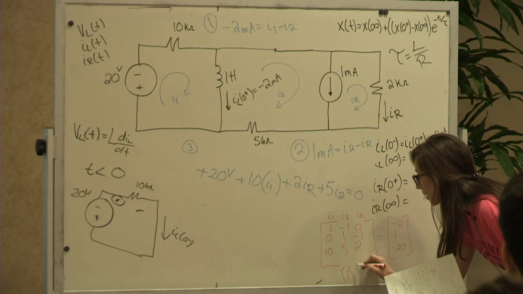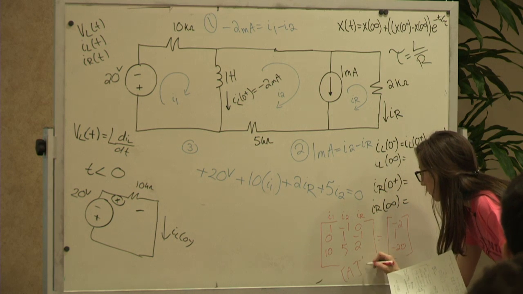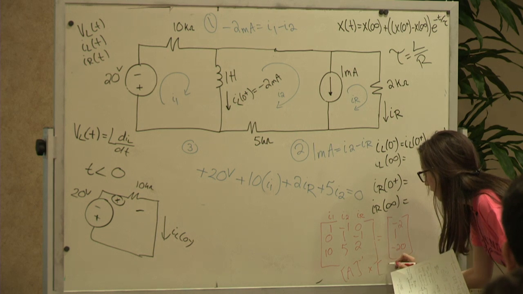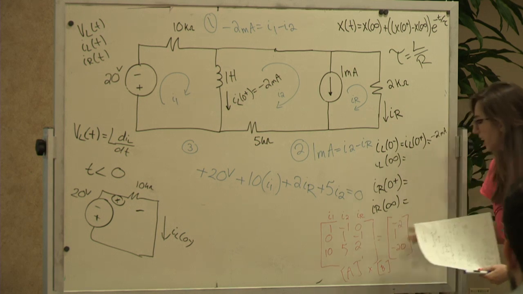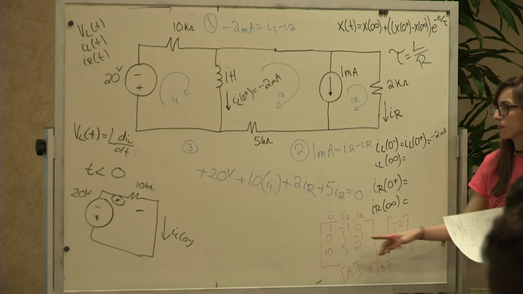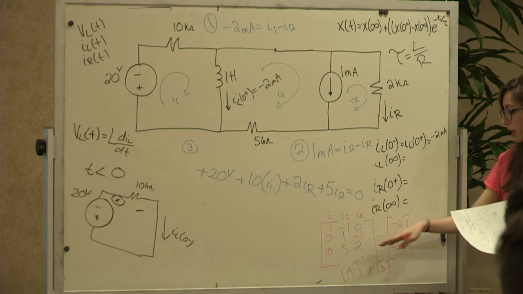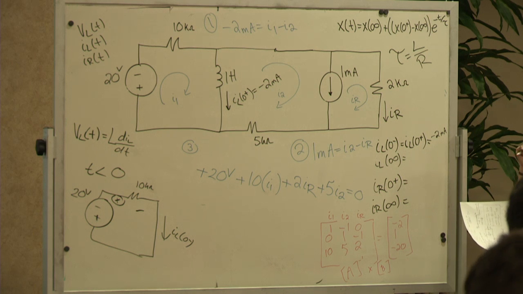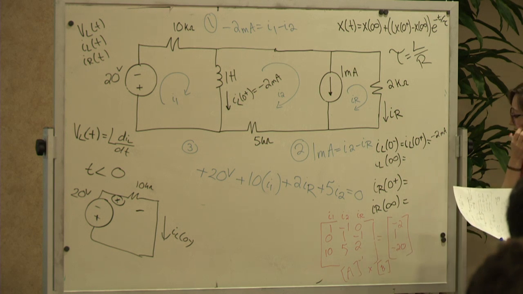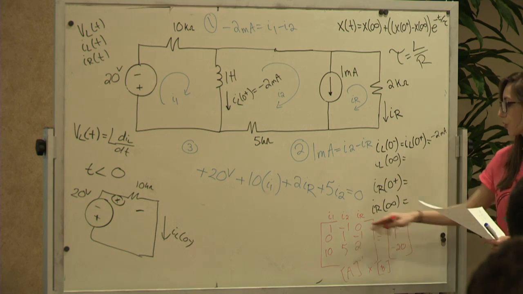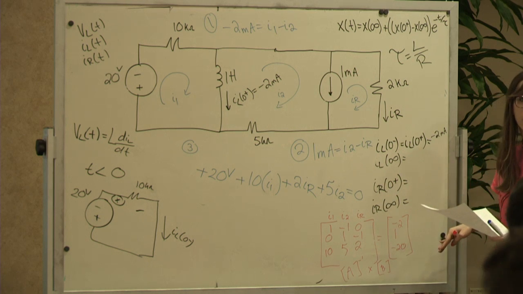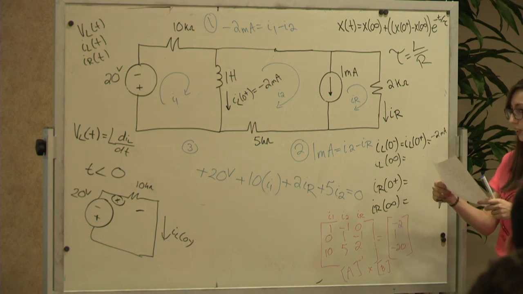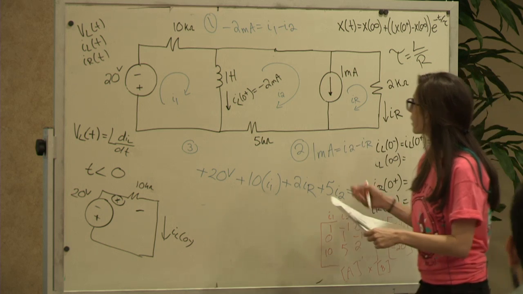So this is matrix A, and you want to invert it and multiply it by matrix B. This is 3 by 3, times inverted, times the 3 by 1. And that'll spit out the answers in order, so I1, I2, IR. And what you end up getting, let's see.